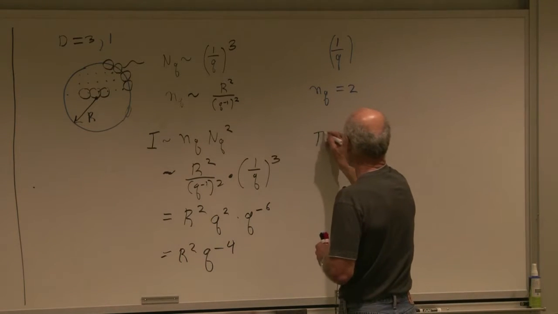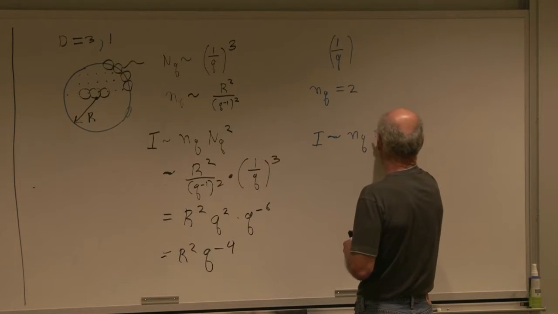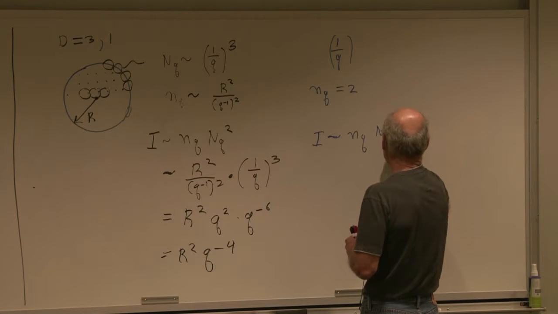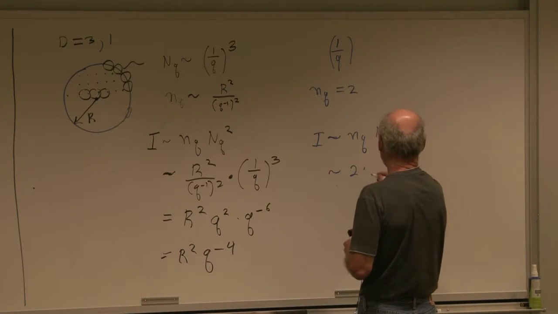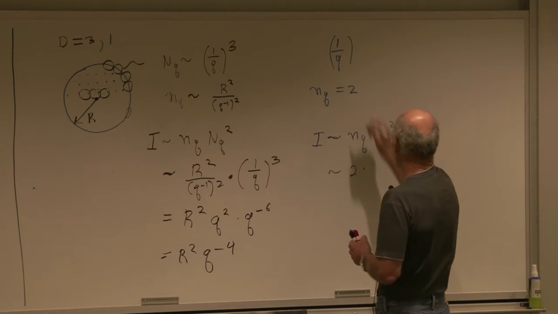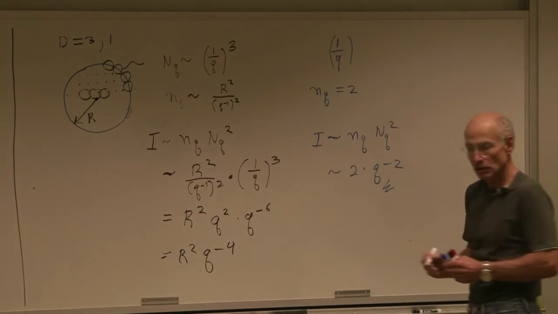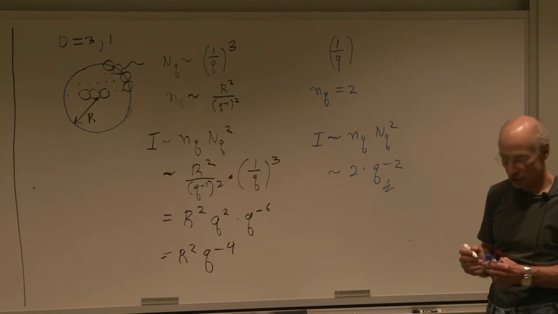What's the intensity? Well, again, proportional to little n times big N_Q squared. That's 2 times, that would be Q to the minus 2, wouldn't it? So we get, remember, that was what the sinc function was for the single slit, right?